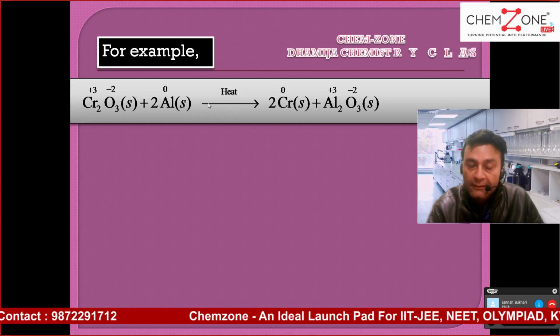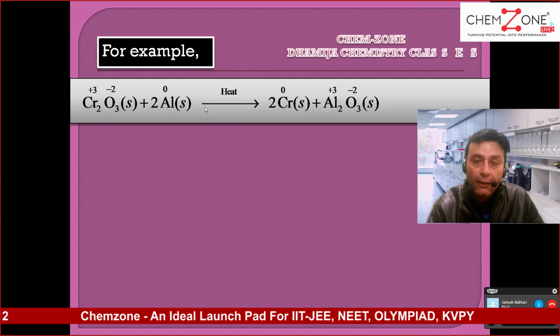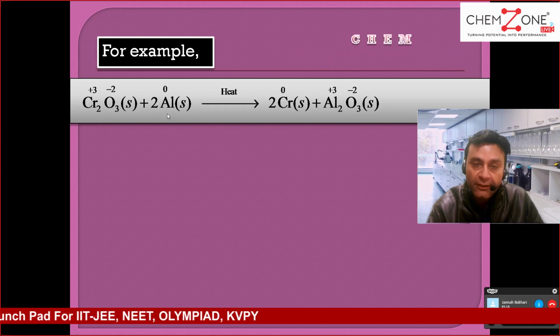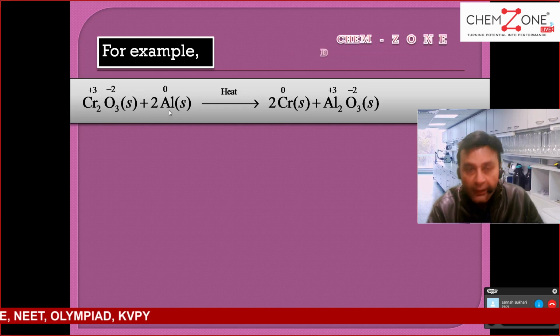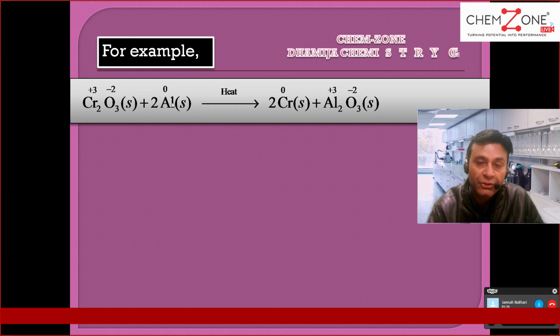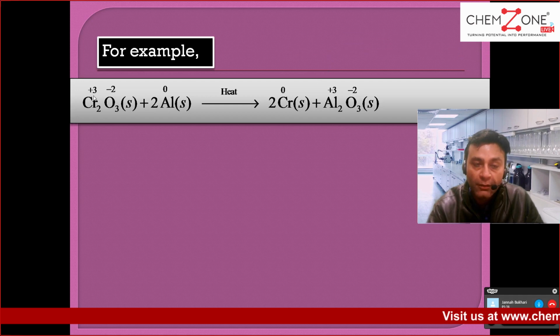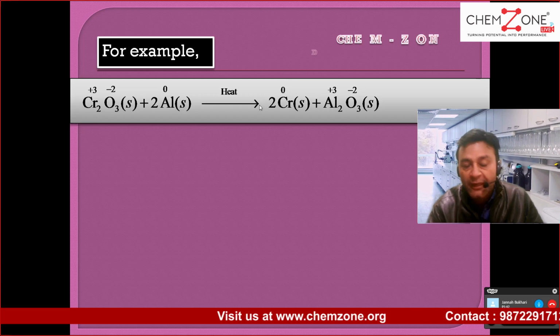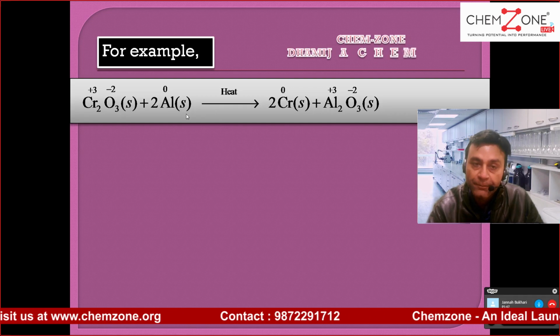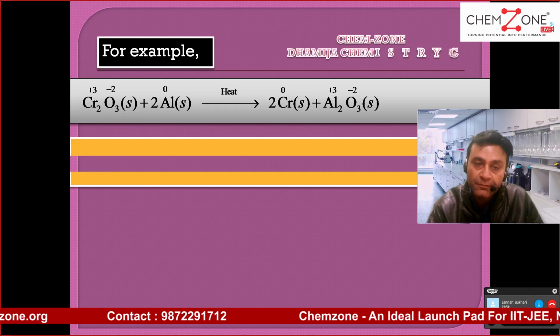This type of reaction is called a displacement reaction, right? And you can see that here aluminum is undergoing oxidation and chromium is undergoing reduction. Oxidation number of aluminum is increasing from 0 to +3, and chromium is undergoing reduction, +3 to 0. In this way, we are getting the chromium metal, extraction of chromium from its oxide, and it is a displacement reaction.